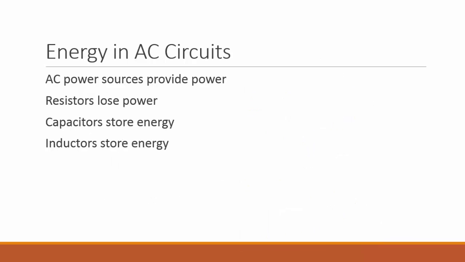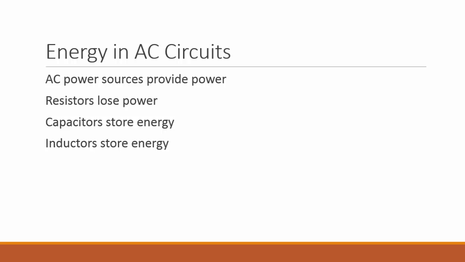Now, we're going to talk a lot about energy in these circuits, so I just wanted to give you a brief overview of how energy is being stored and lost. The power supply will add energy to the current in the circuit. Resistors are where it'll lose it, and capacitors are where it stores it, and inductors also store it. So the only thing that actually loses power is a resistor.